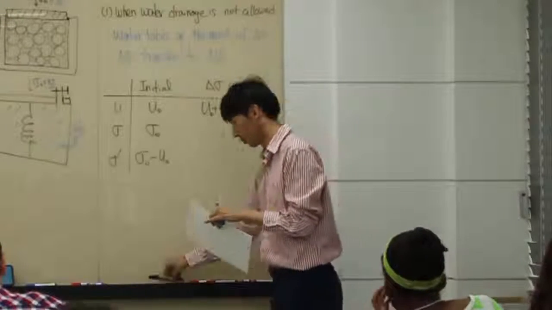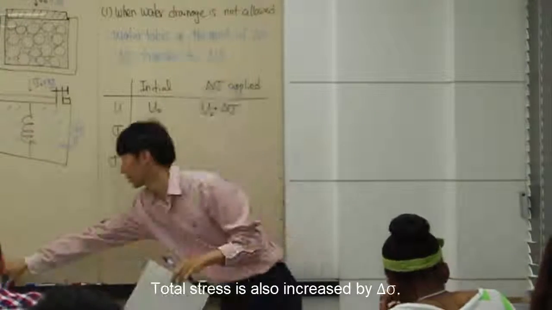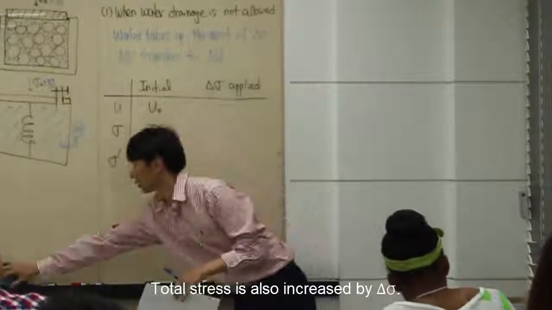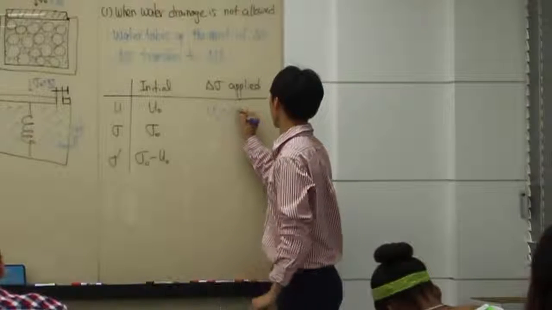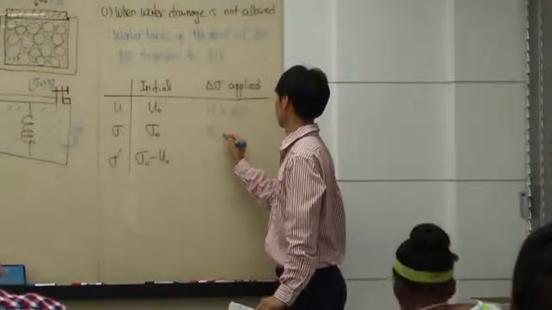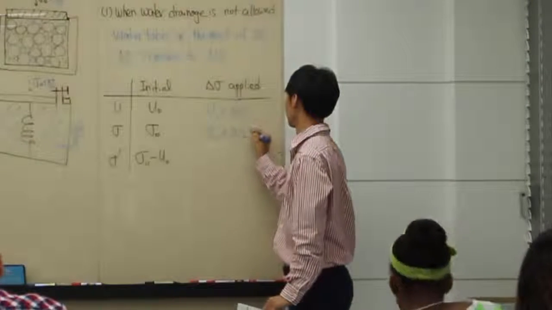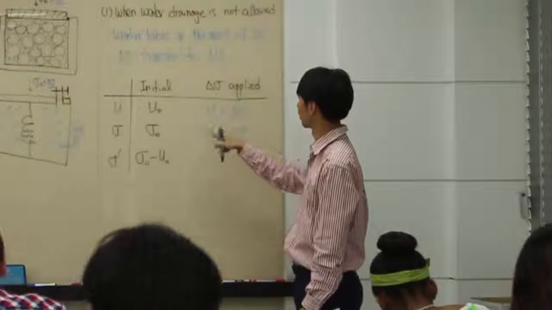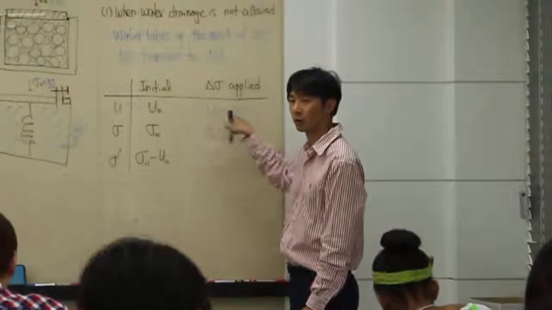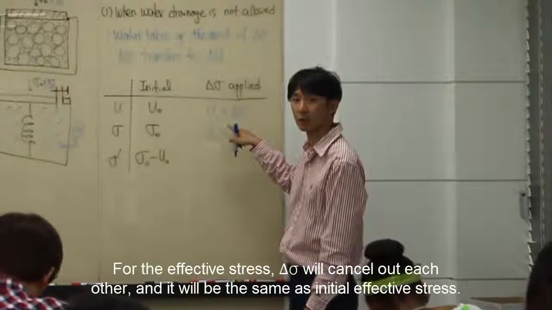What about the total stress? Total stress is also increased by delta sigma, right? Here, pore pressure plus delta sigma, and total stress also increased by delta sigma. So when you calculate the effective stress, total stress minus pore pressure, this delta sigma will cancel out each other.